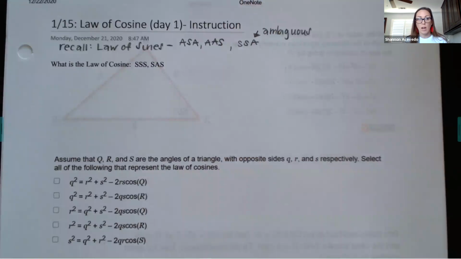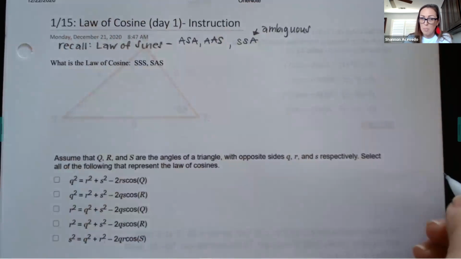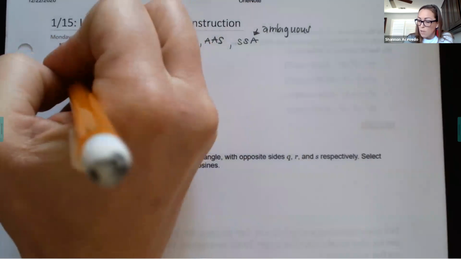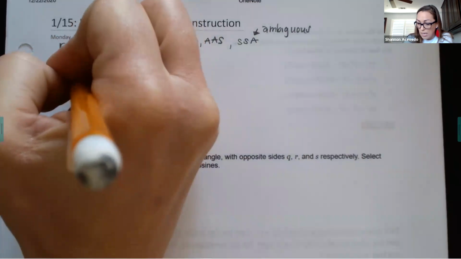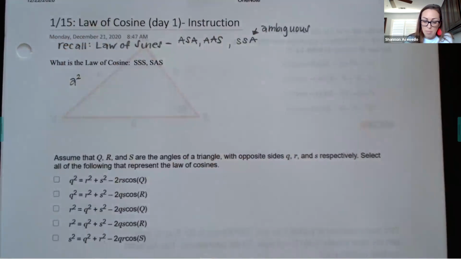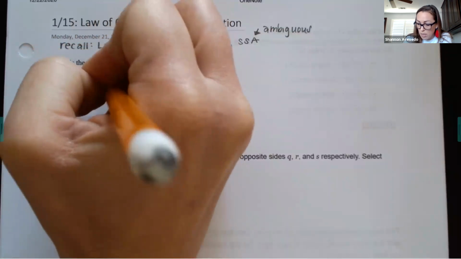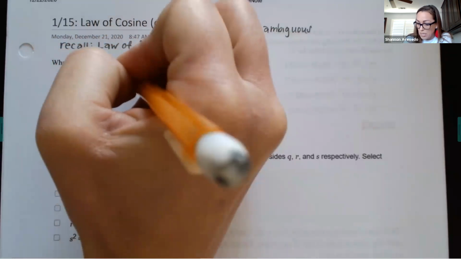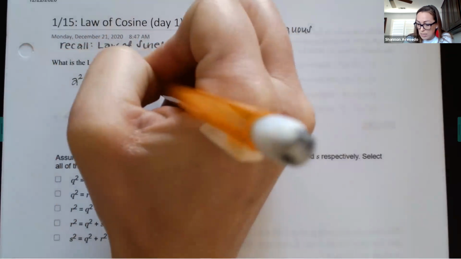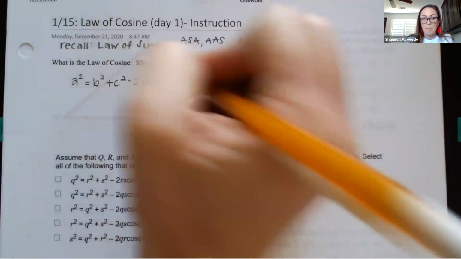So what is the law of cosines? It's one formula, but I'm going to write it a couple different ways to show you guys. If I'm looking for a missing side in the triangle, I'm going to give you a squared is equal to b squared plus c squared minus 2bc sine of a.